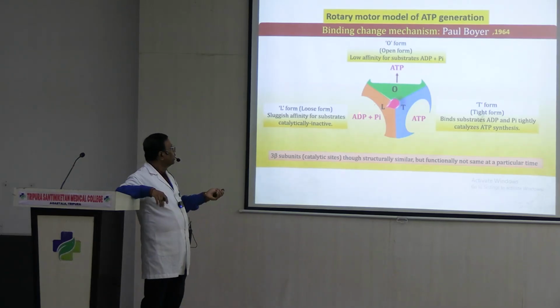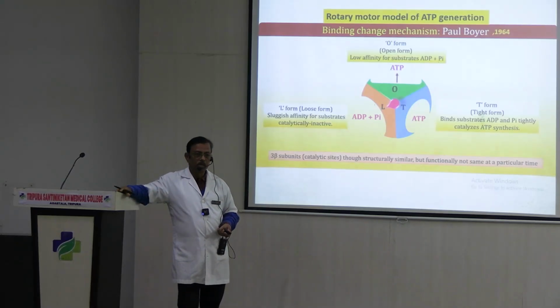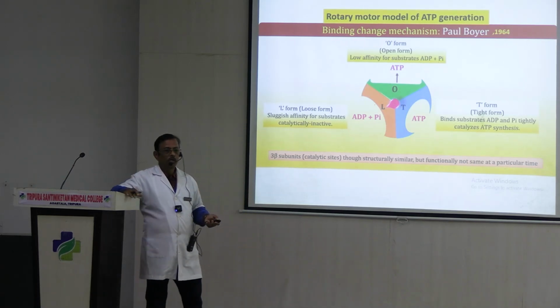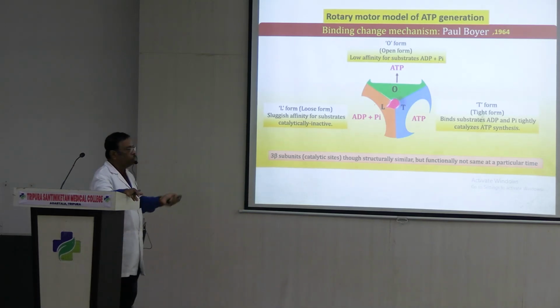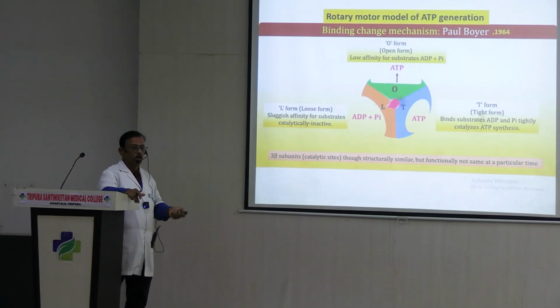So here are 3 beta subunits. In a given time, there will not be 2 forms in 3 of the beta subunits.